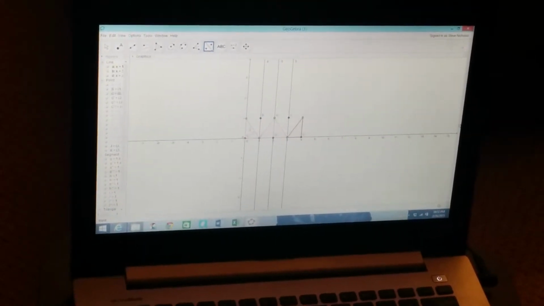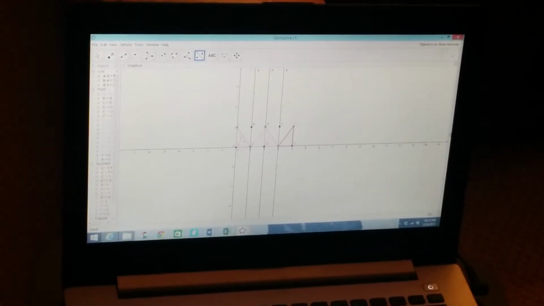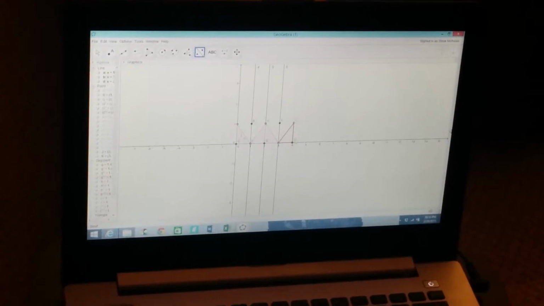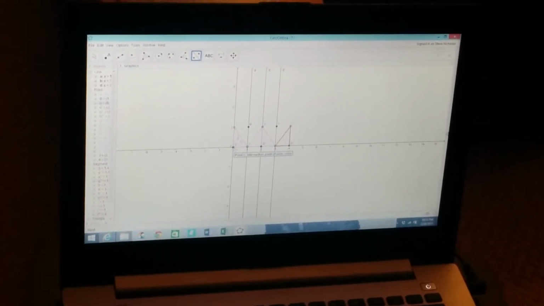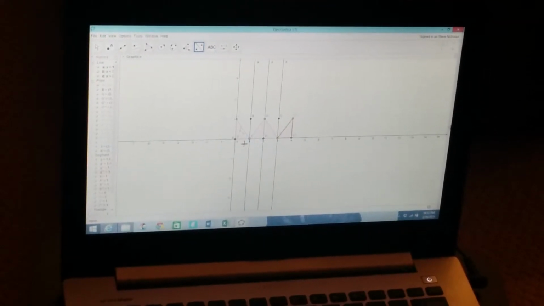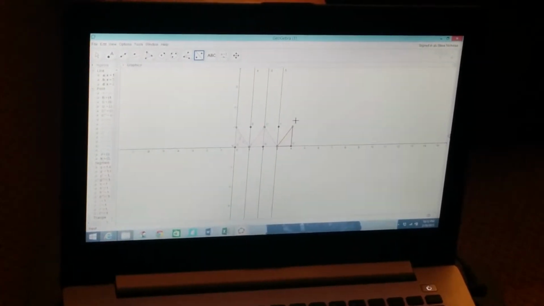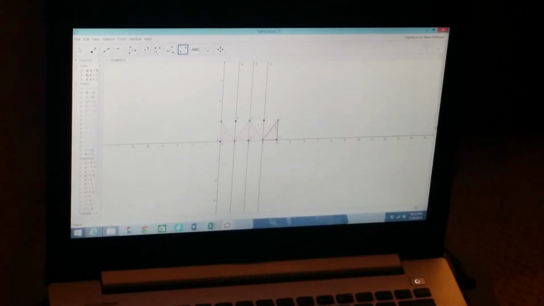Now, as you can see, this object has reflected to this object. The orientation changed from clockwise to counterclockwise.